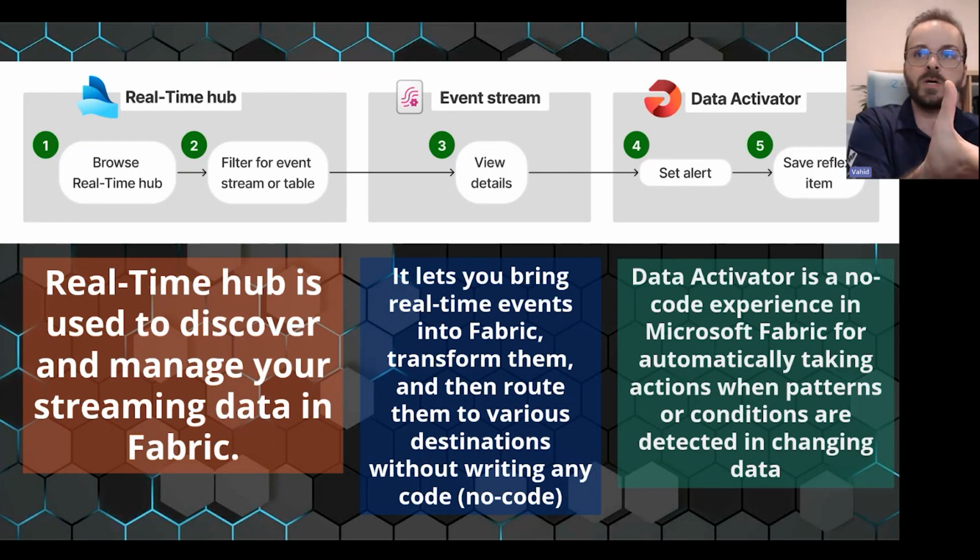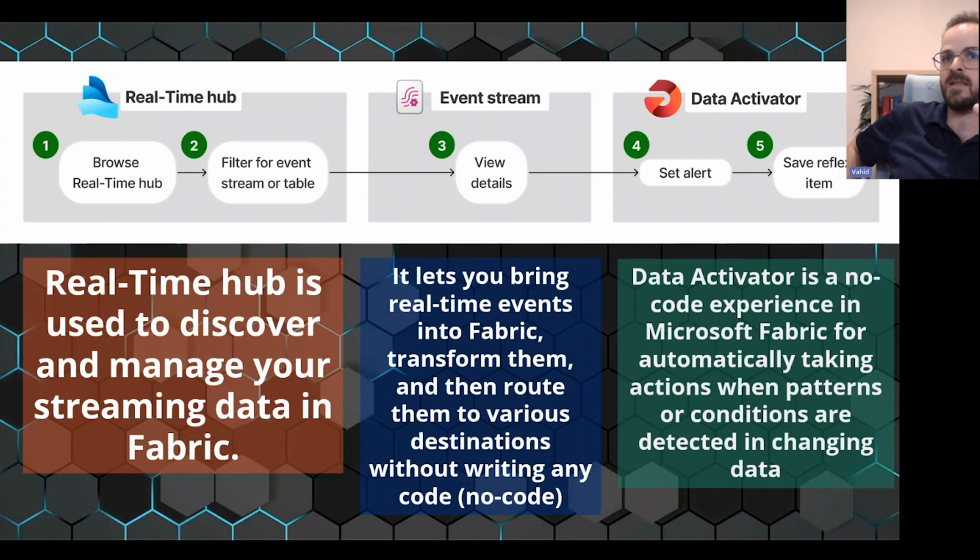The Data Activator is again a no-code solution where you can define a pattern, and it will check that pattern on top of your data, and if that condition happens, it will trigger some actions. It will send a message on Teams to notify you, send an email, or even trigger an item on Microsoft Fabric to say, okay, refresh this pipeline or run this item on Fabric.